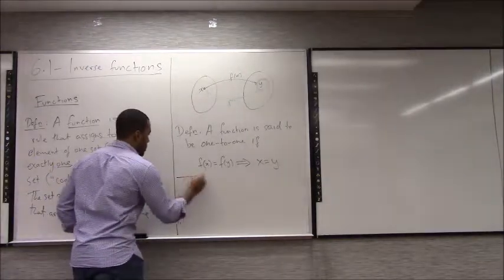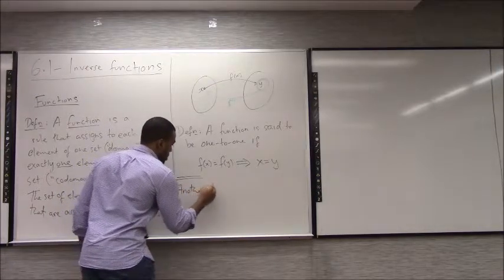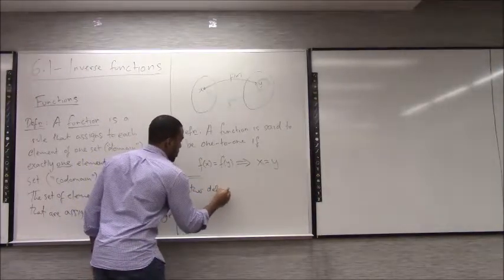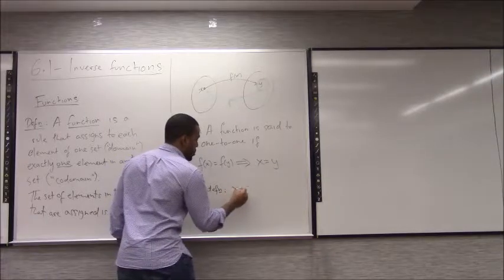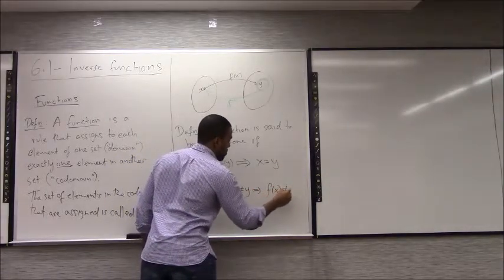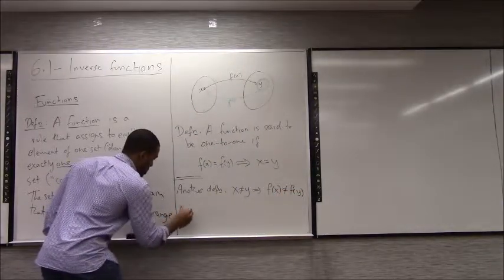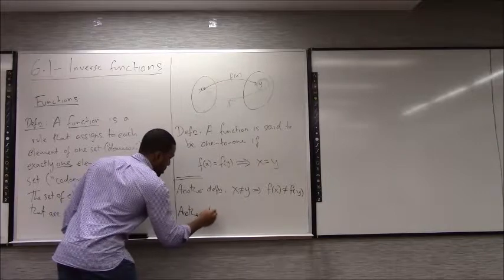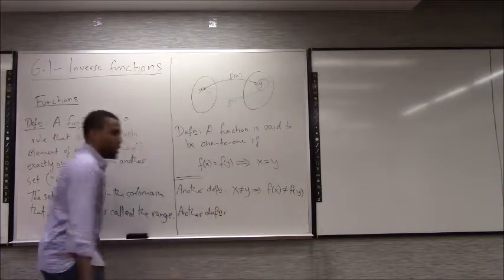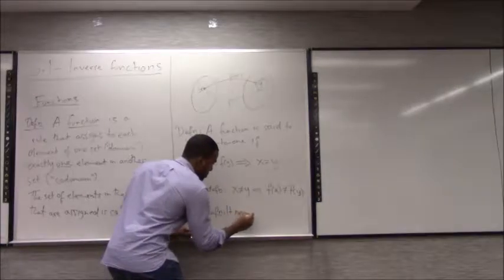That's one way. Another way: if x is not equal to y, then your outputs will not be the same. This is more in words: it never assigns the same value twice.